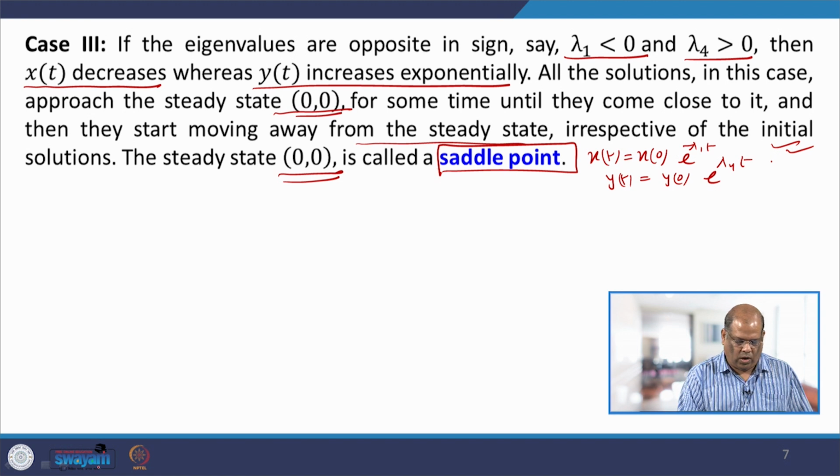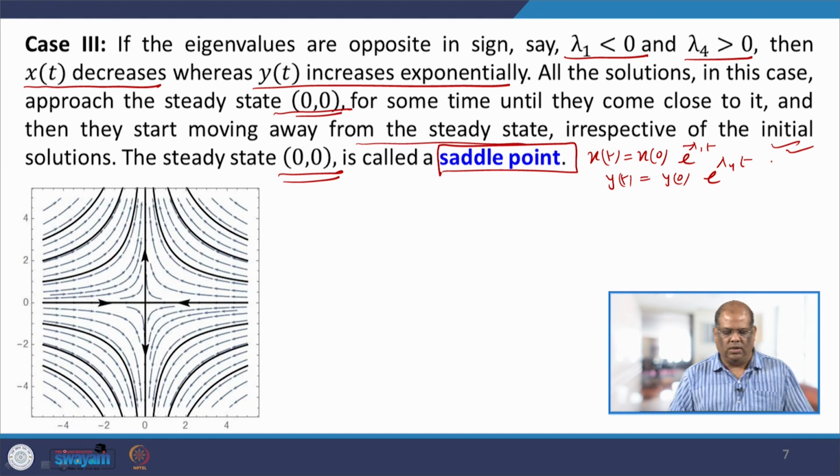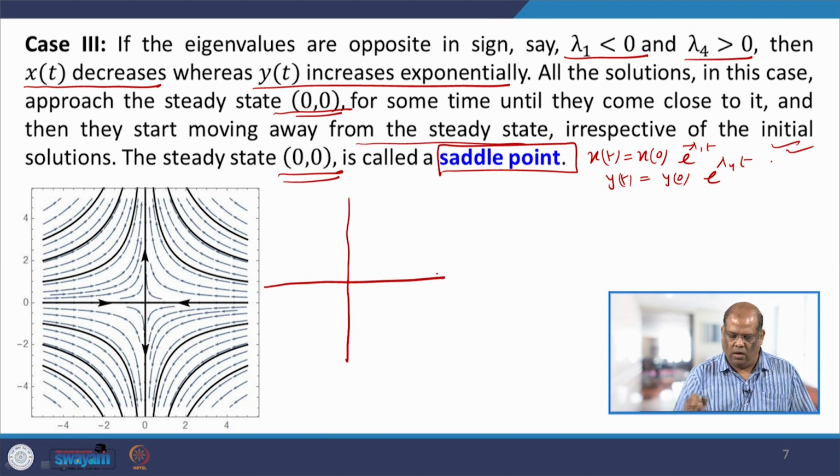If you want to look into the dynamics, this is the phase portrait of a saddle. Now, how to draw this? This is very important. First, you draw this and then you draw two lines.